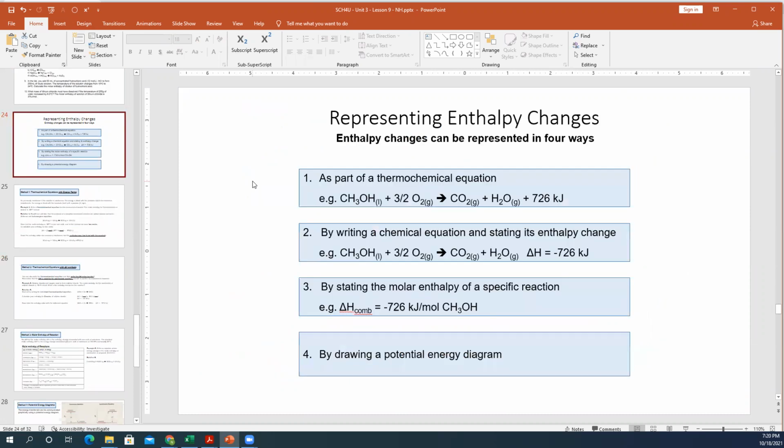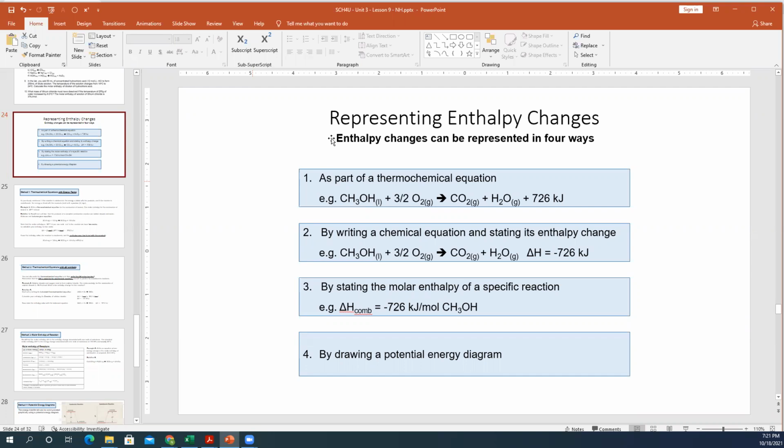So let's talk about these enthalpy changes that we talked about, these delta H's. How can we represent them when we're actually writing them down? So there are 4 ways that you can correctly represent enthalpy change. One is as a part of the thermochemical equation.